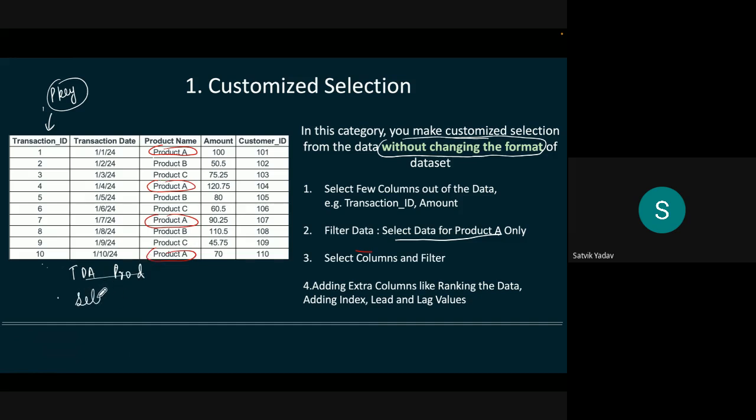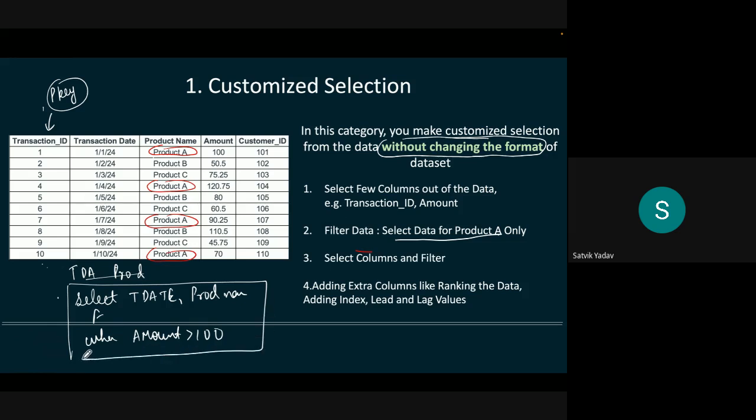Select transaction date, product name from table where amount is greater than, let's say, 100. So what is this? This is customized selection.